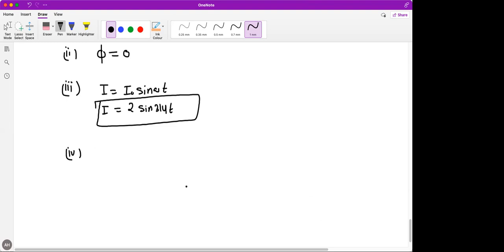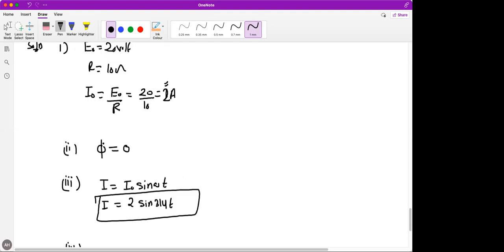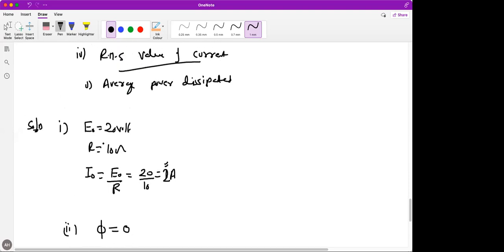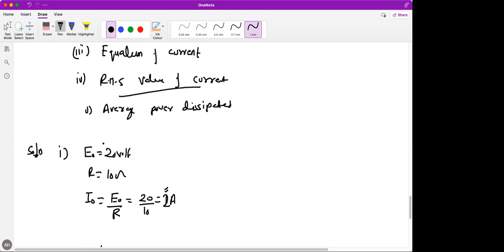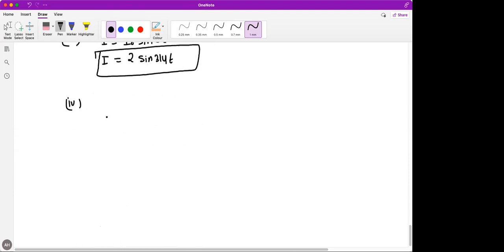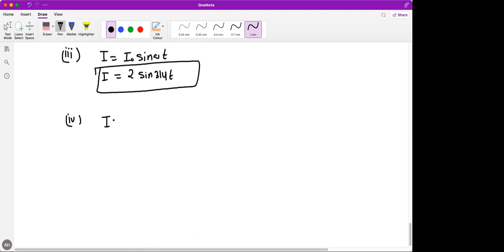Nazira, relation between RMS value and peak value of current. See, this is the relation. Yes, sir. What's the relation between RMS value and peak value of current? 0.707 into peak value.